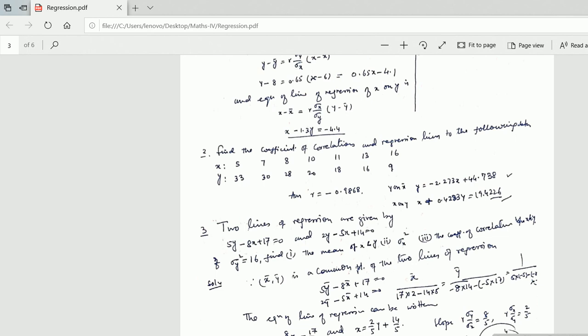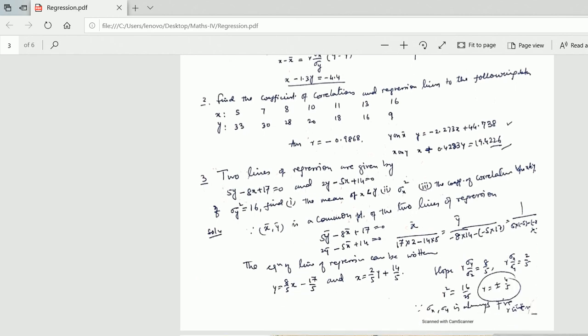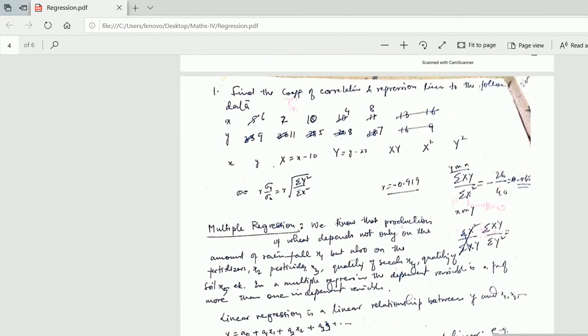From the above process you can find the coefficient of correlation R as minus 0.9868, the line of regression y on x as y equals minus 2.273x plus 44.738, and x on y as x plus 0.42834y equals 19.4226. So these are some more questions you can try to solve by yourself.